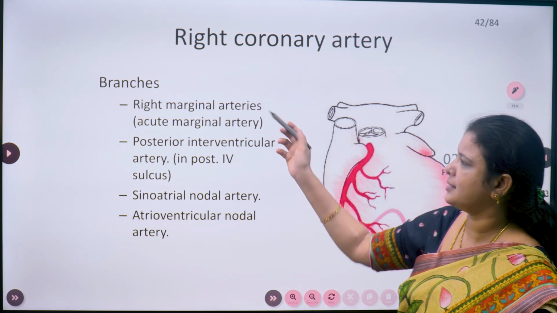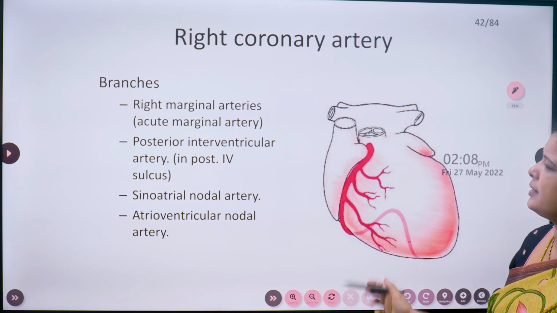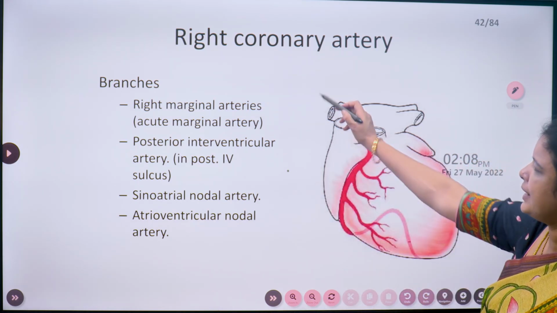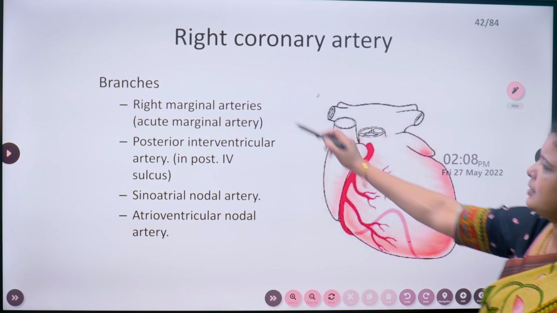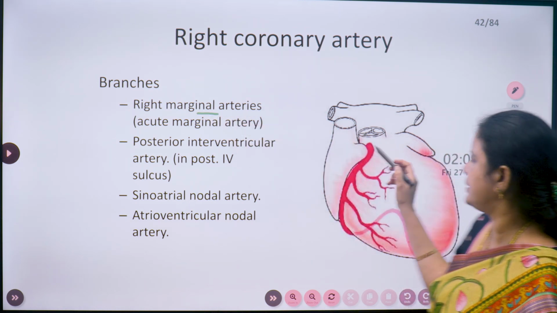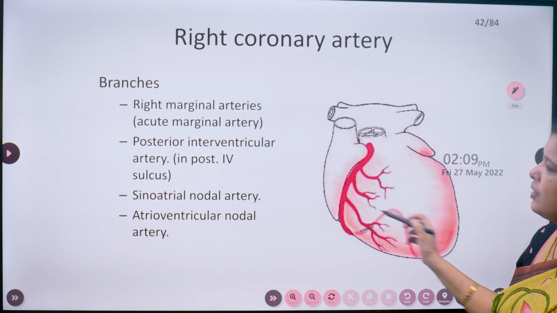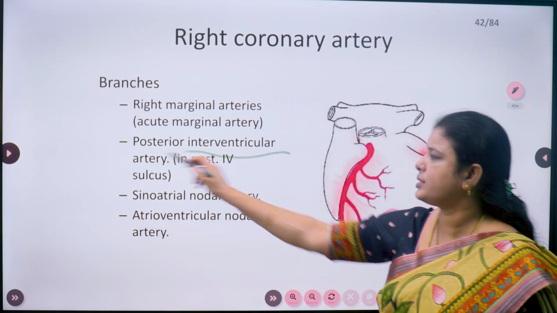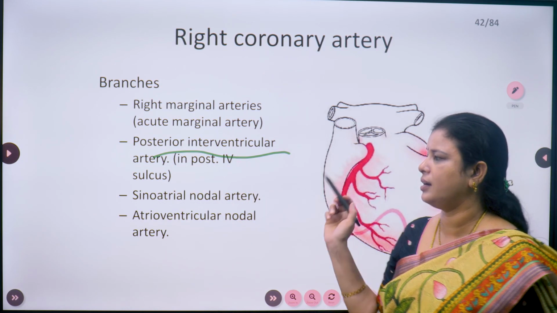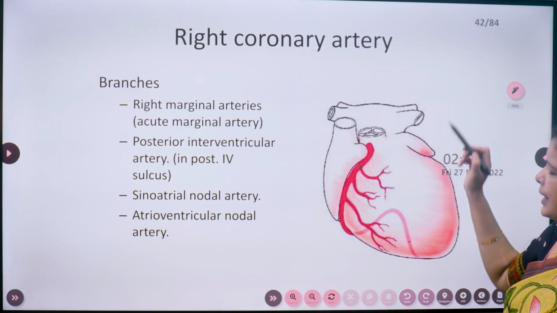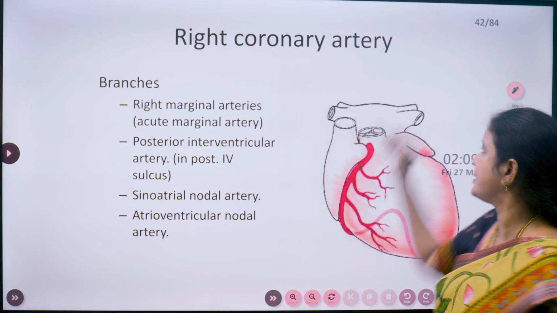Branches, right side: right marginal arteries and posterior interventricular artery. Right coronary artery branches into right marginal arteries and posterior interventricular arteries, and the sinoatrial nodal artery, the artery which gives blood supply to the SA node.